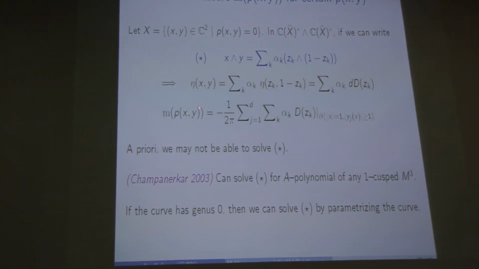Therefore, integrating, the Mahler measure of p of x,y is just some sum of these alpha times these Bloch-Wigner values on some boundary condition, right? Now, a priori, we may not be able to solve this condition star. That's the difficult step. So we can always do it for the A polynomial of a one-cusp hyperbolic manifold. And if the curve has genus 0, then we can solve this condition star by parametrizing the curve.